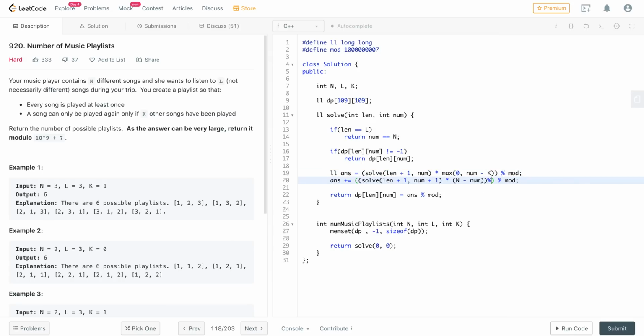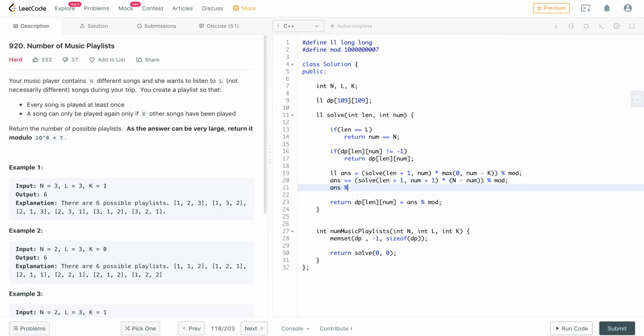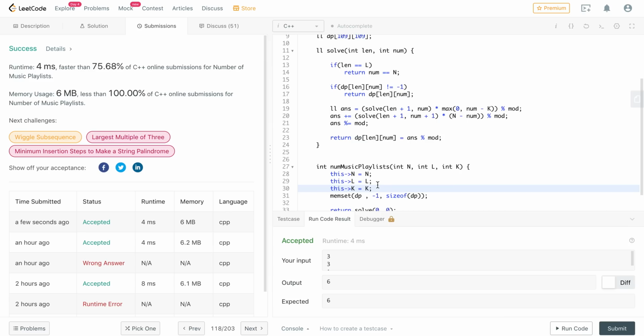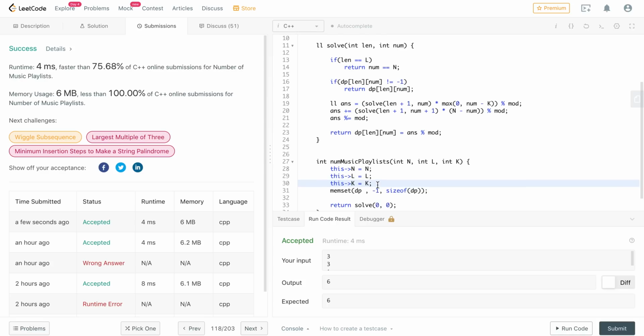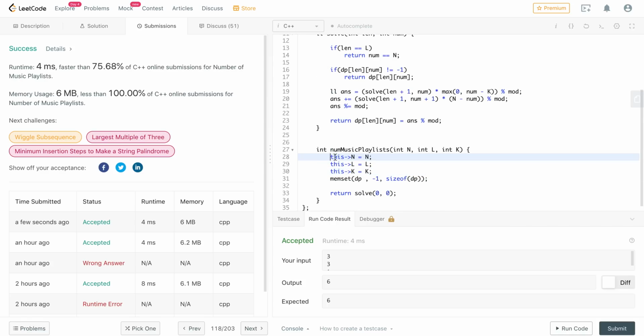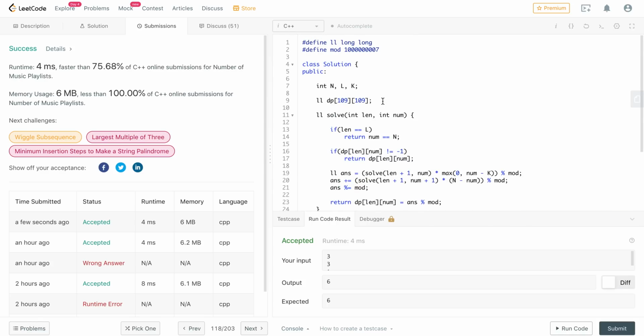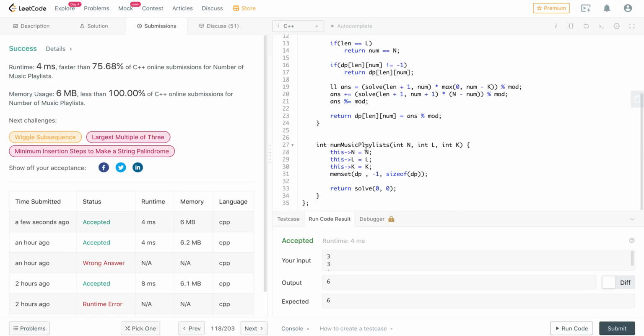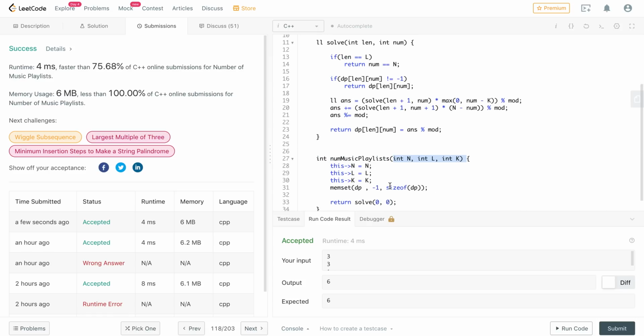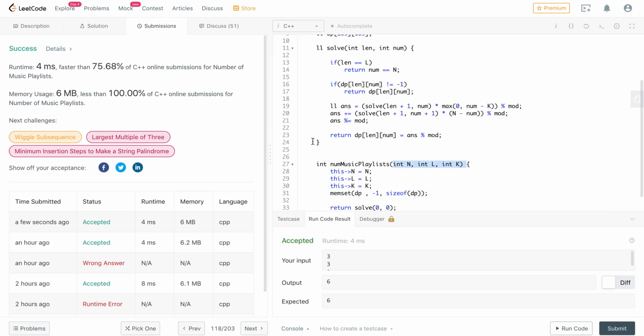I think here also I didn't need it at this moment. Alright, as you can see I did make this change. I also need to assign the global variables that I have created from these local variables, and then once you submit, I get the correct answer.